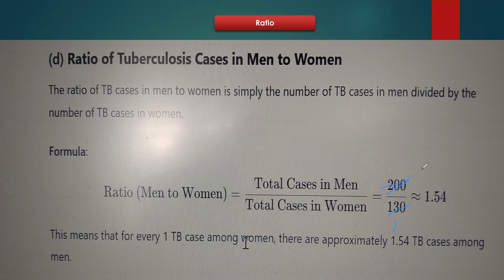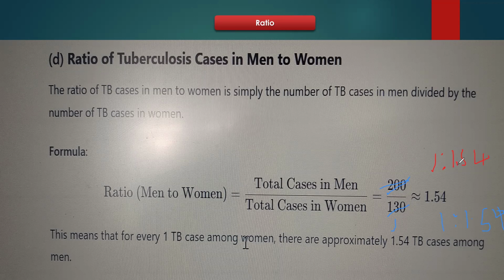So we will now end up with 1 is to 1.54. So that would be the ratio, 1 is to 1.54.